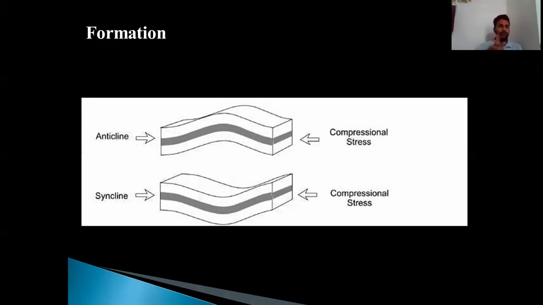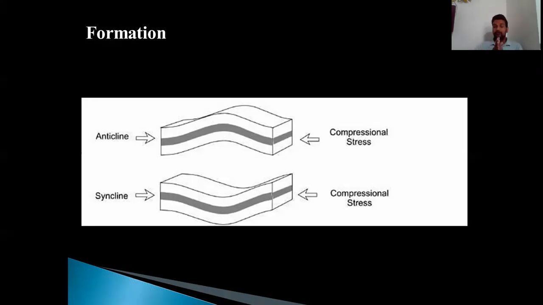When we discussed the types of forces, stress and strain, in that lecture, we also studied the compressional force or compressional stress. So what does compressional stress actually do? Compressional stress compresses the object. Here in geology, we are discussing strata, so compressional stress will compress the strata.